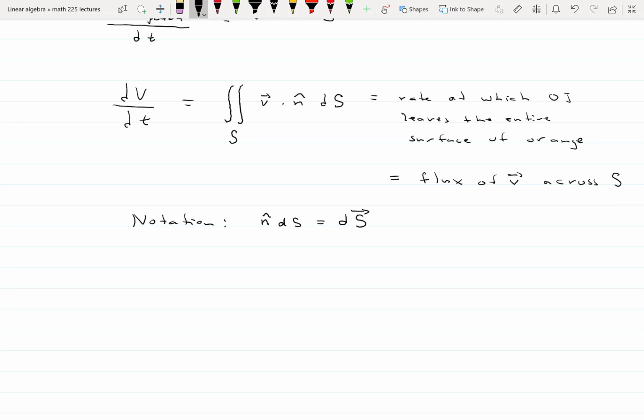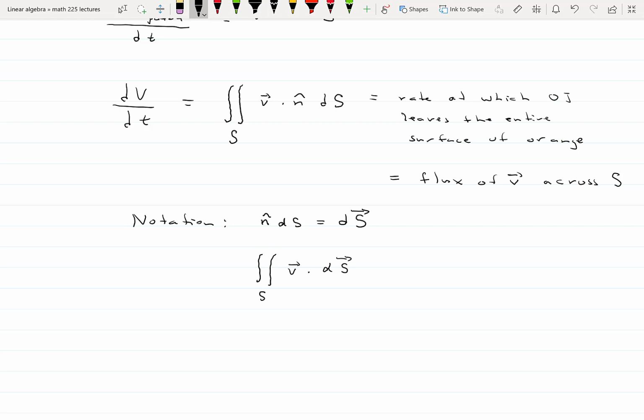So if you label n ds, the unit normal times the differential element of surface area, then you can rewrite this flux integral as v dot dS. I'm uncomfortable with it, but it's extremely popular.